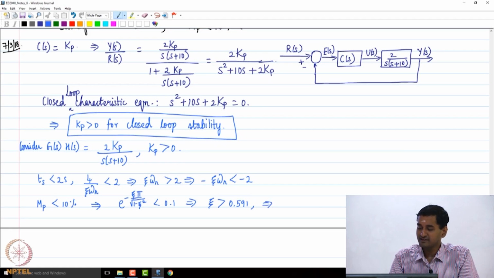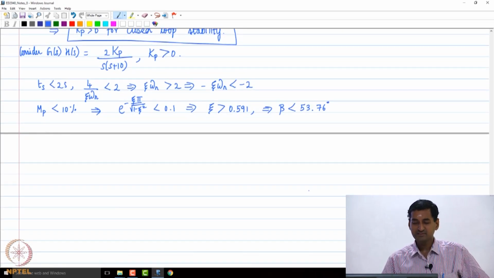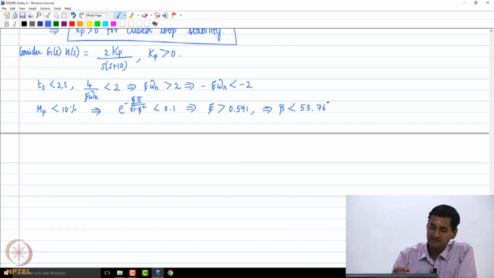So this implied that the angle beta should be less than some 53.76 degrees, right? That's what we had. Okay, so that's how we can convert the performance specifications into regions in the closed loop plane, regions in the S plane that we want.